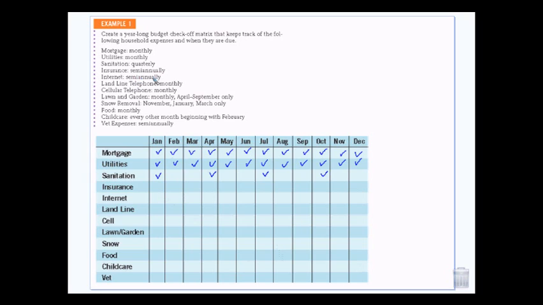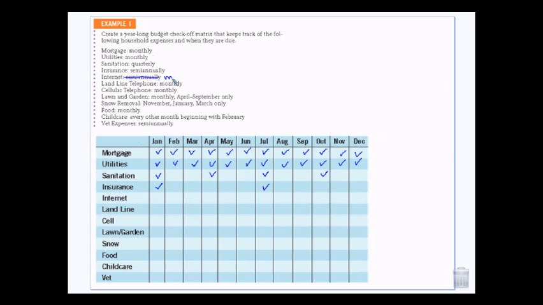Insurance, semi-annually, that's twice a year, so you'd pay it in January, say, and June. Wait, 1, 2, 3, yeah, June. July. January and July, not January and June, sorry. Internet. Really?